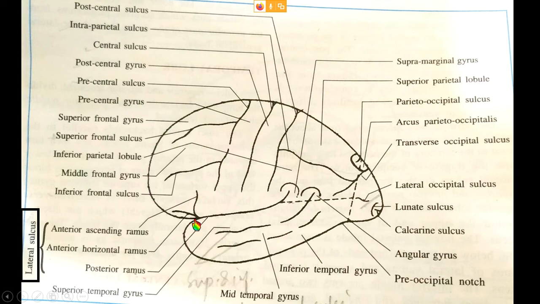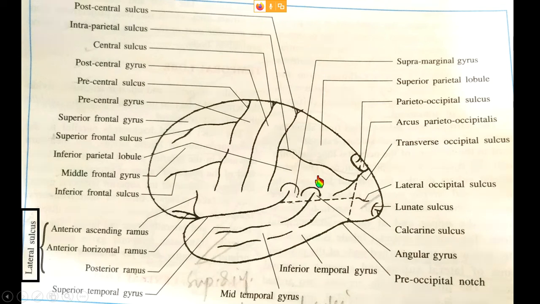So the three rami we have seen are the anterior horizontal, anterior ascending, and the posterior ramus. The posterior ramus is 7.5 centimeters long, extending backwards and upwards with an upturned end, which appears in the inferior parietal lobule.